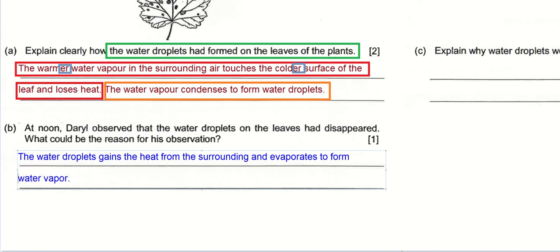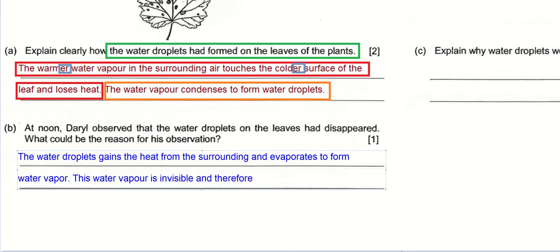So what if it forms water vapor, right? This water vapor will go back into the air. This water vapor is invisible, right? And Daryl will not be able to see it.